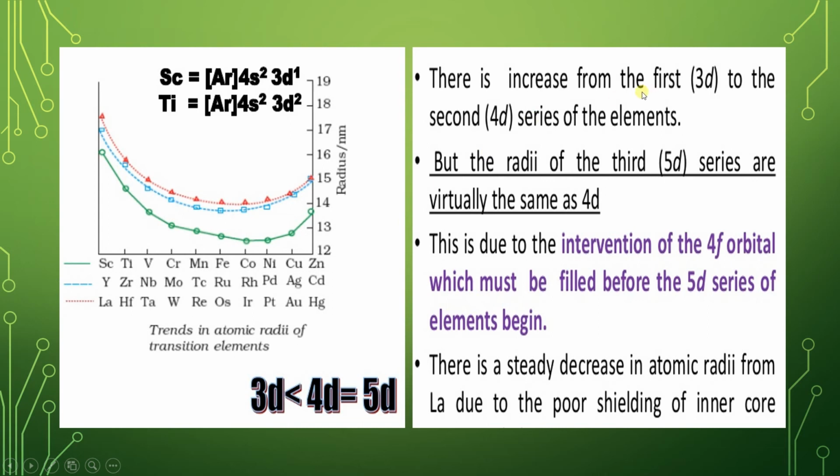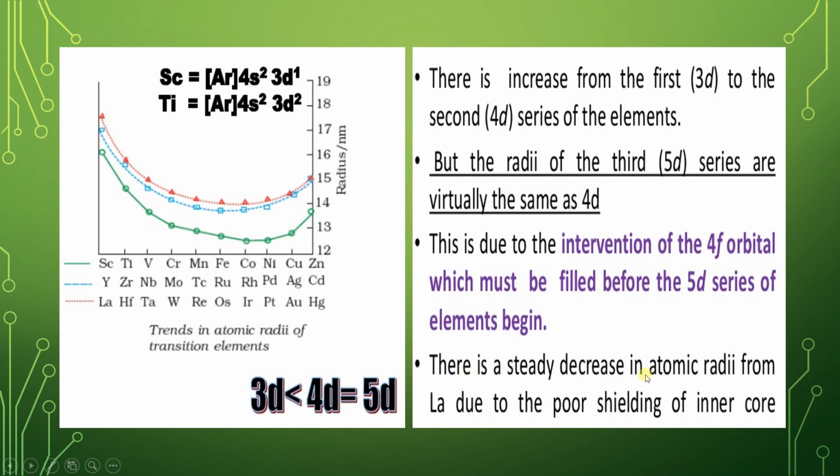There is an increase from the first 3d to the second 4d series of elements, but the radii of the third 5d series are virtually the same as 4d. This is due to the intervention of the 4f orbitals, which must be filled before the 5d series of elements begin. This is called lanthanide contraction, which we will discuss in detail later.